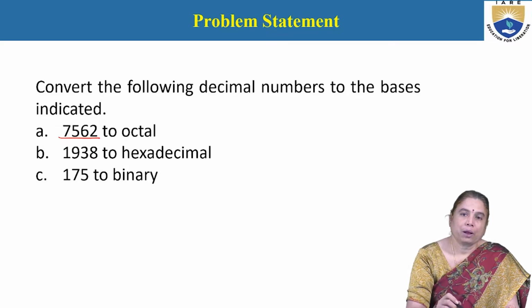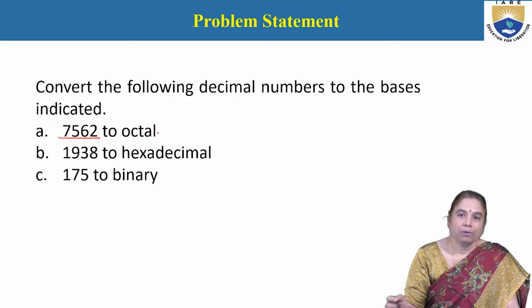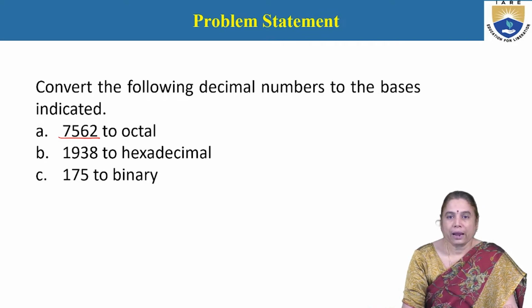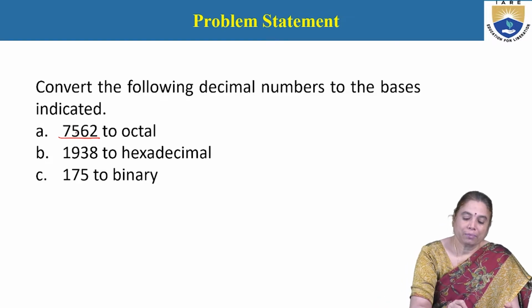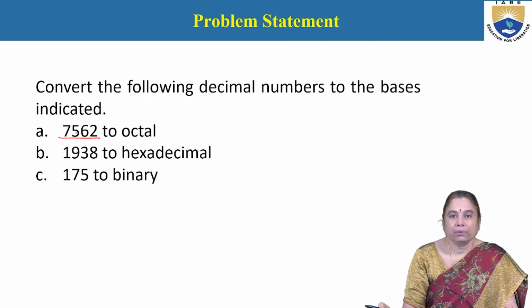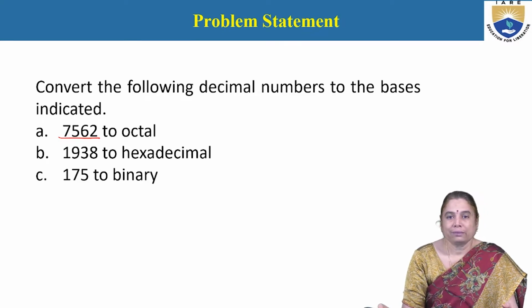But here the number has to be converted into octal. For the octal number system, the radix or base is 8. So this number is divided by 8 in a continuous division method, and the remainders are written in a bottom-up fashion.